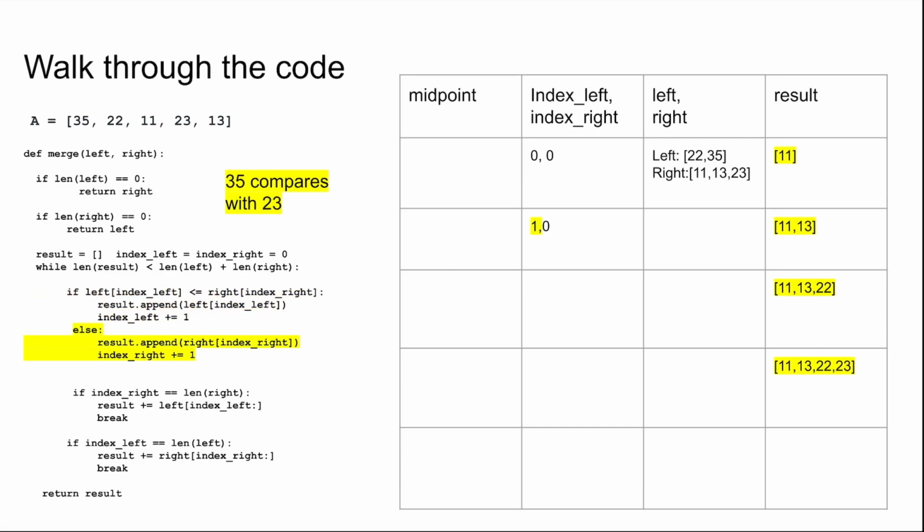And afterwards, 35 is going to be compared with 23, and since 23 is smaller, 23 is going to be appended next. And after 4 elements, index right is already equal to the length of the right array, so 35 is going to be appended next. And this entire sorted list is returned, as you can see.